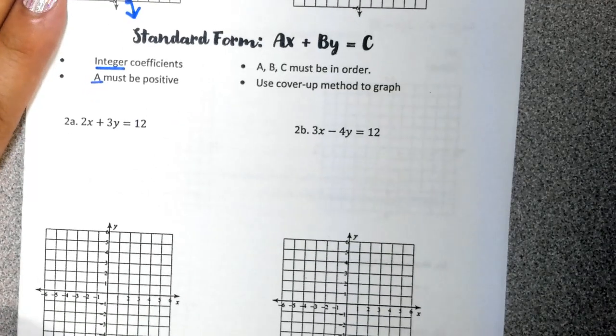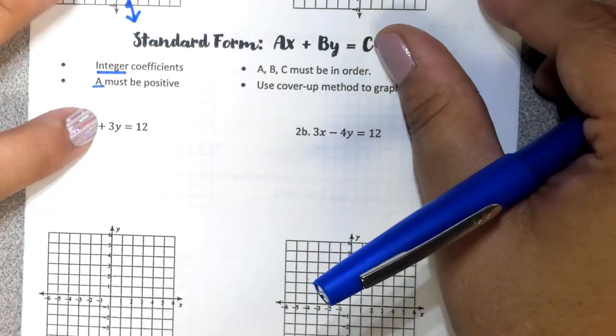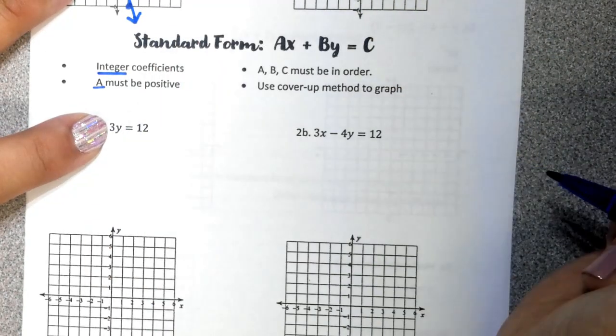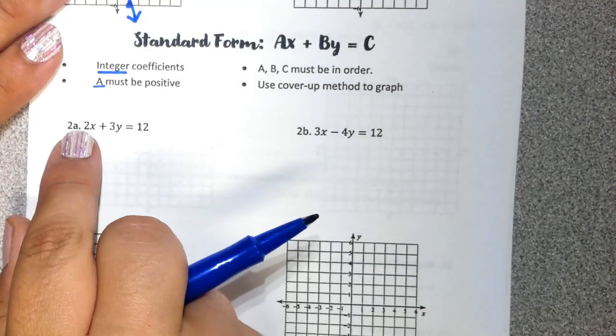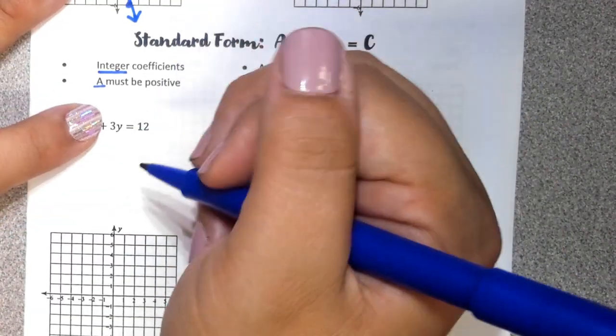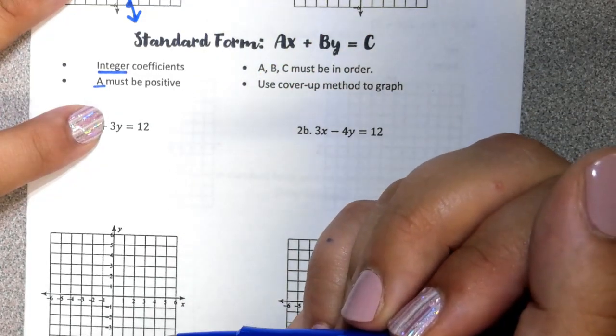So, y'all look up. To plot this, I am going to cover up my x. If I cover the x, I can get y by itself. And do you agree if I cover the x, that's like putting a 0 there? If I have a 0 in the x, what value does that give me?